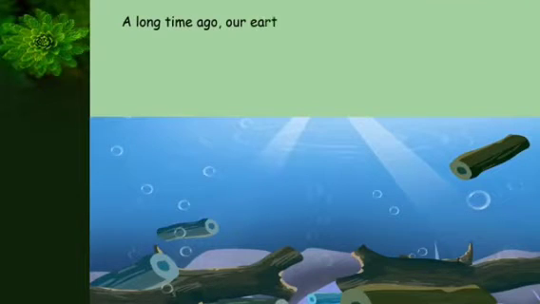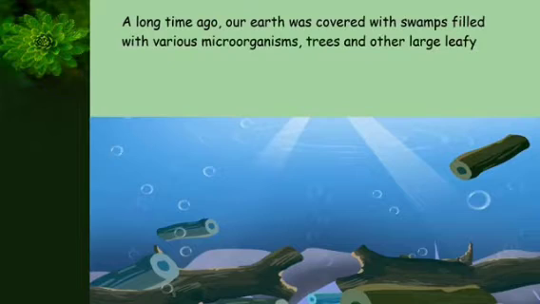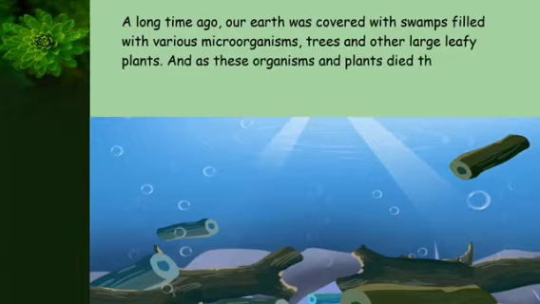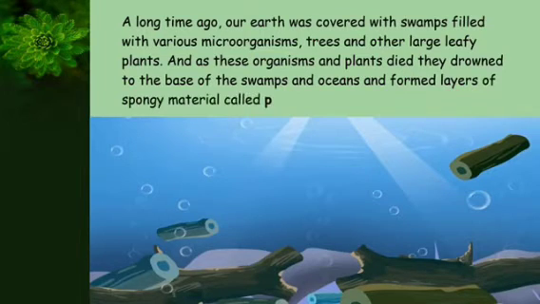A long time ago, our earth was covered with swamps filled with various microorganisms, trees, and other large leafy plants. And as these organisms and plants died, they drowned to the base of the swamps and oceans and formed layers of spongy material called peat.